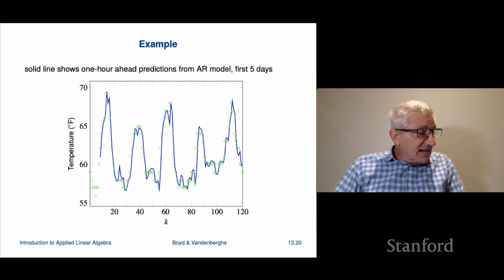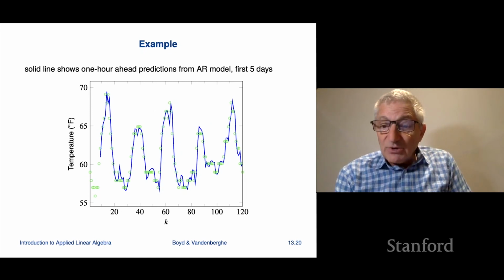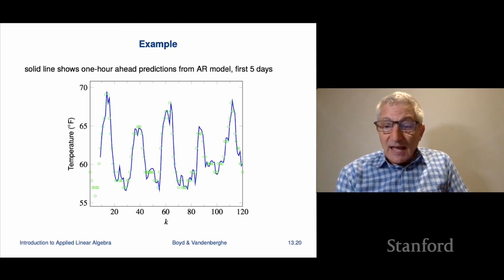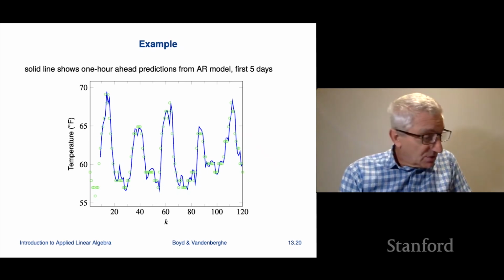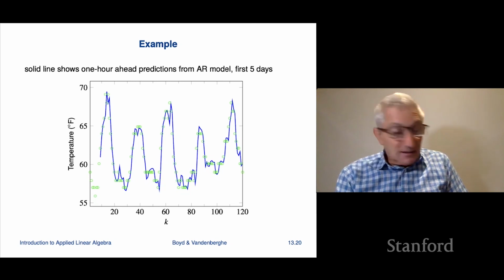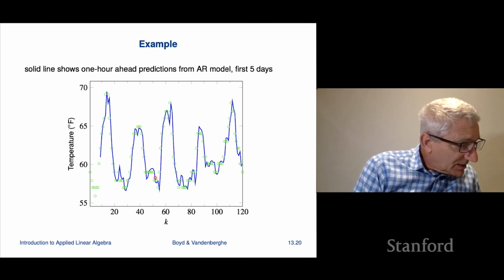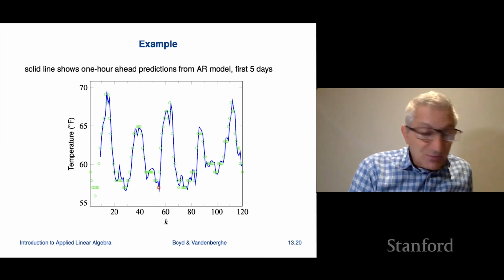Okay, so let's look at an example. Here is what we do: we take this AR8 model and we fit it. And now I'm just going to show you the first 5 days, so that's 120 hours. I'm going to show you both the observed value and the prediction. The green ones are the actual observed values.